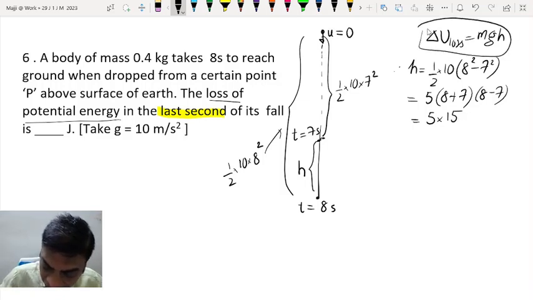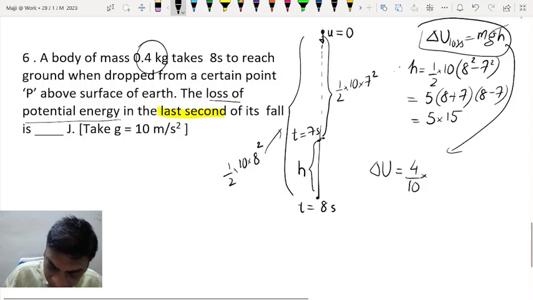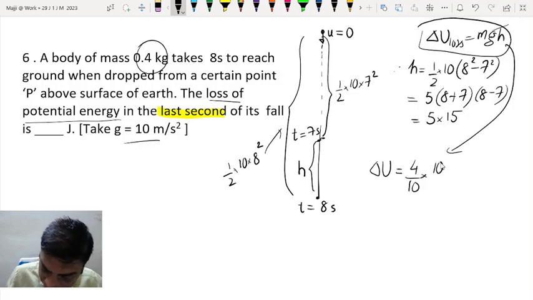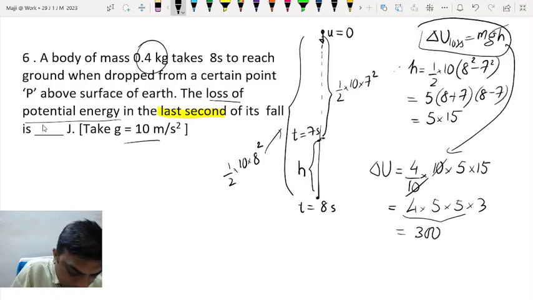Using this formula, we can write potential energy loss: mass is 0.4, which can be written as 4 by 10, g acceleration due to gravity is 10, and h is 5 into 15. So this will be 4 into 5 into 5 into 3. So this is 100, so 300. So 300 joule is the answer.